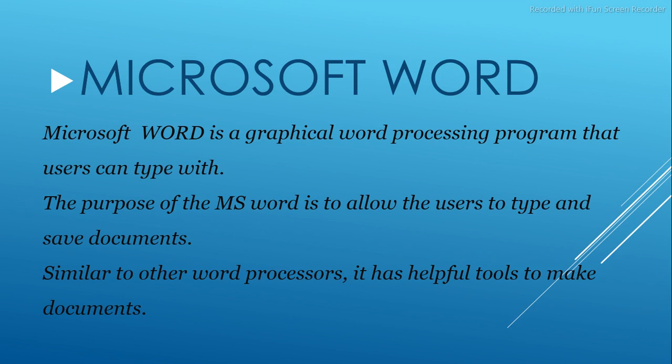With this software, we can draft letters, documents, PDFs, and any kind of document that we might require. Microsoft Word has all the necessary tools required to write, format, and edit documents to make them presentable. We'll dive into each of the applications of Microsoft Office one by one in our next videos.